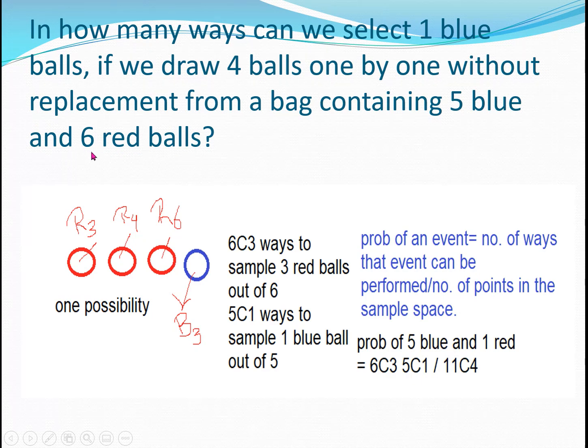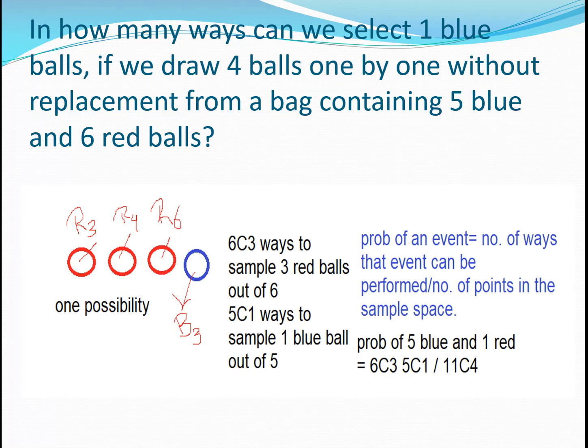So, for example, if I label these balls as R1, R2, R3, and so on, R3 means that the third red ball is drawn, R4 means that the fourth red ball is drawn, and so on. This is one possibility, but we are not interested in the order of the balls. For example, if R3 is here, or even if we have R2, the second red, here, we are treating all those possibilities as the same.